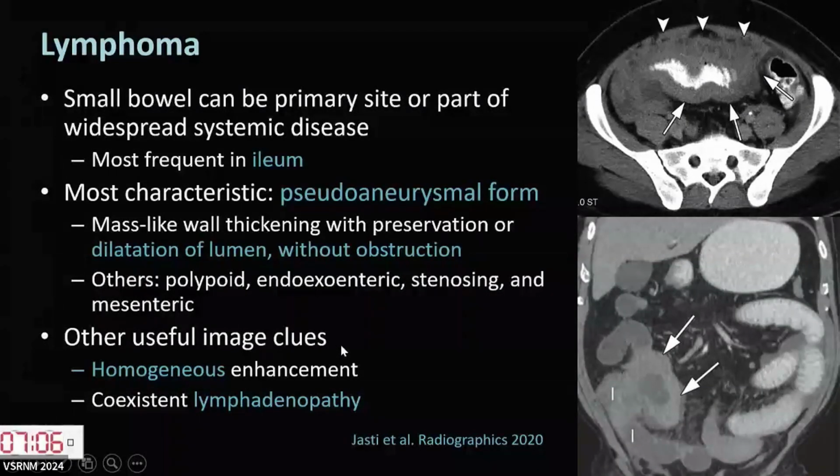So there are some image findings that suggest lymphoma. It will have very homogeneous wall thickening and enhancement. It may have coexistent lymphadenopathy. This can help to differentiate between lymphoma and gastrointestinal stromal tumors.